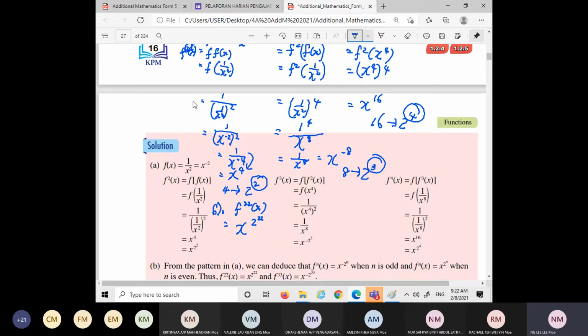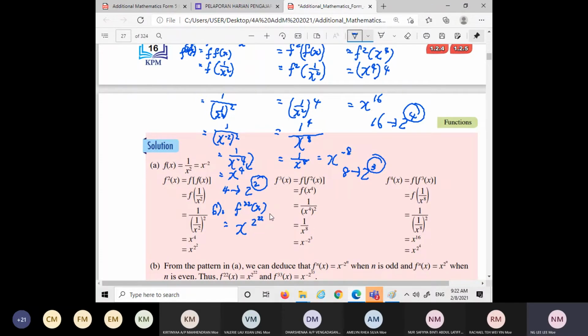Like just now, if this is 2, your answer will be 2 to power of 2, which is 4. If here is 3, then your answer will be 2 to power 3. If that is 4, then your answer will be 2 to power of 4. Therefore, if this is 22, your answer will be X to power of 2 to power of 22.